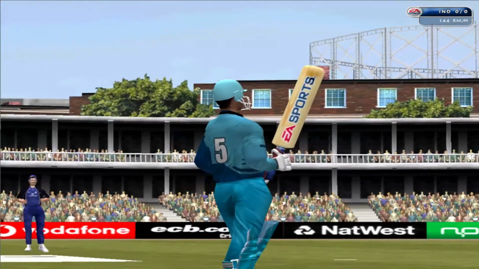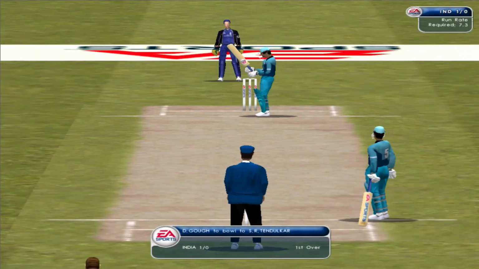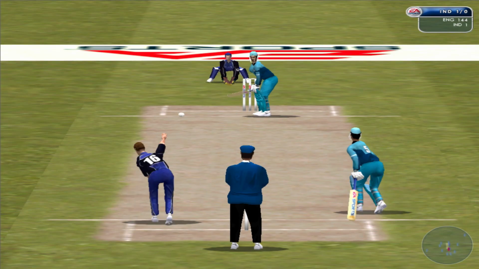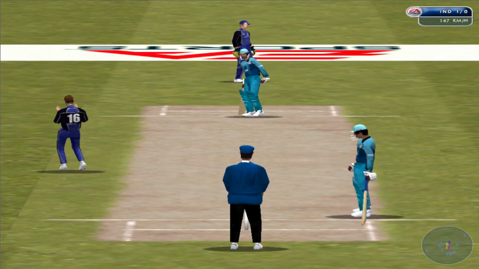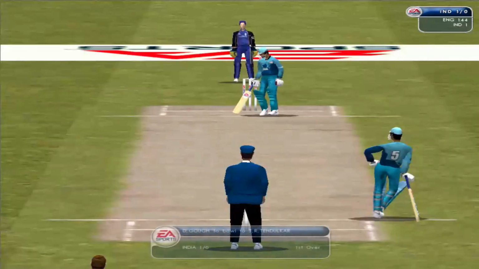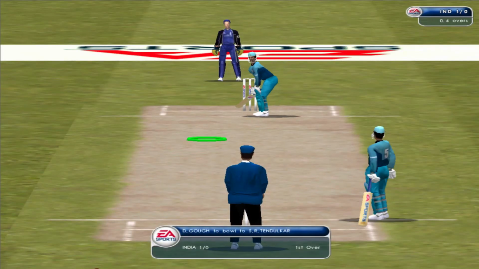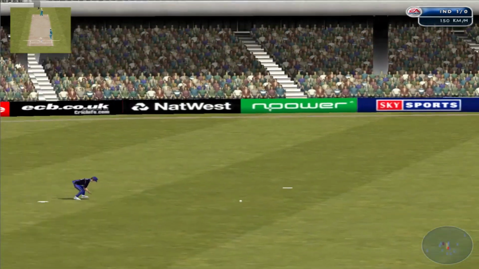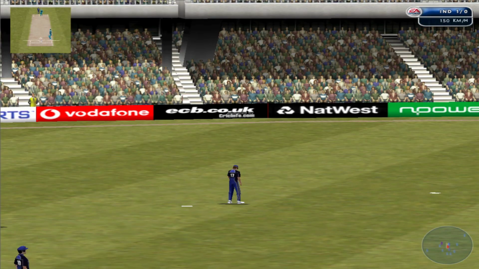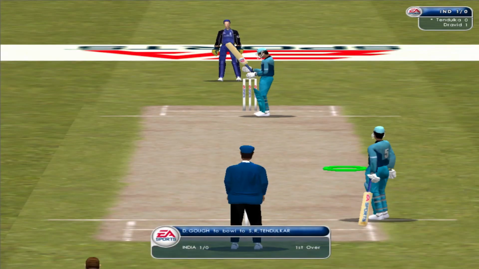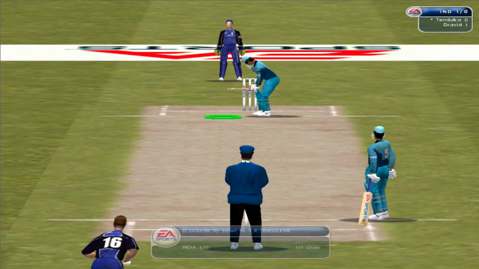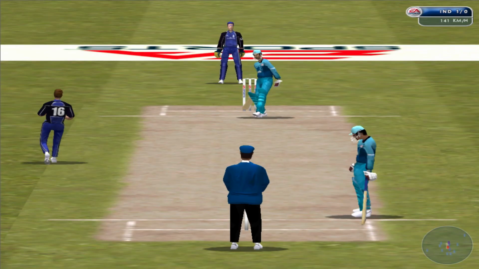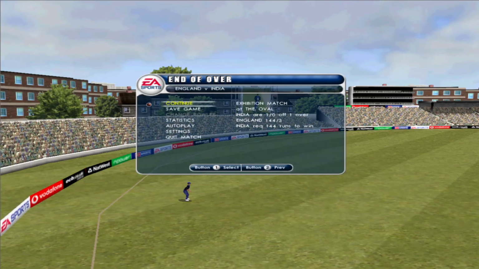India move on to 1. It's straight to a fielder. A very good over. Only one offered in the end.